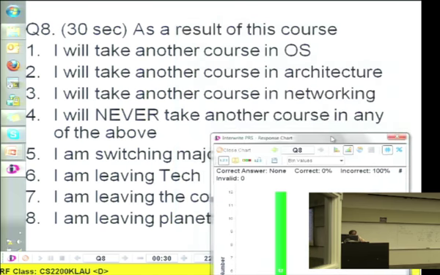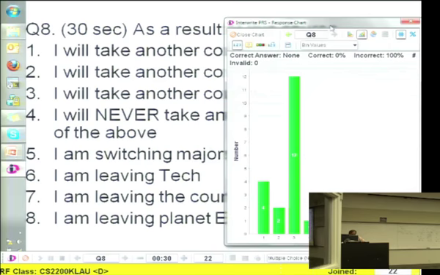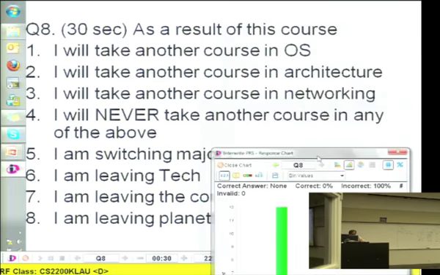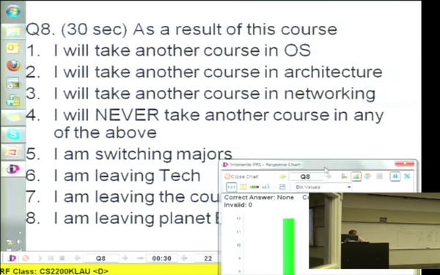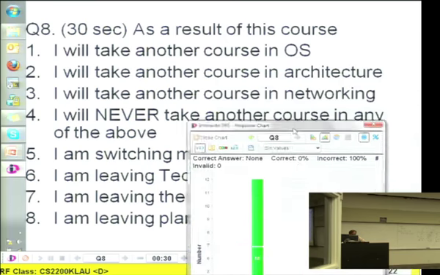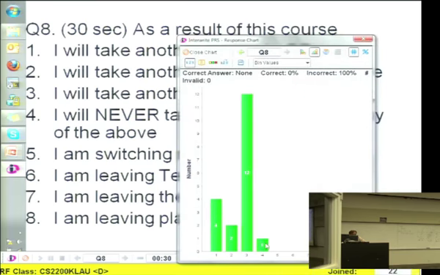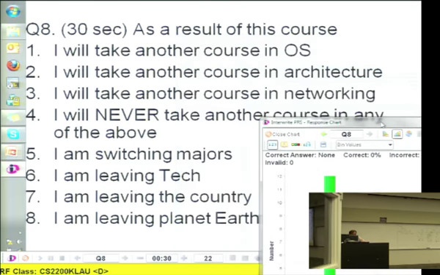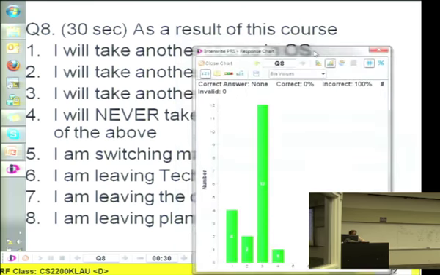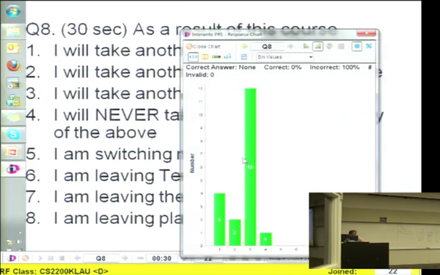Number 3, oh, this is good. So I'll take another course in networking. That's good. And a few have said they'll take another course in architecture and operating systems. And 4, there's one guy who says I'll never take another course in systems. Okay. At least I haven't made anybody switch majors yet. That's good.